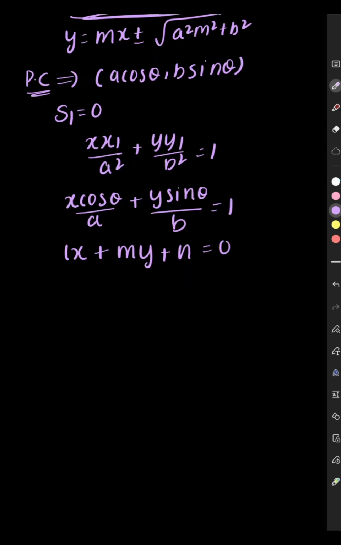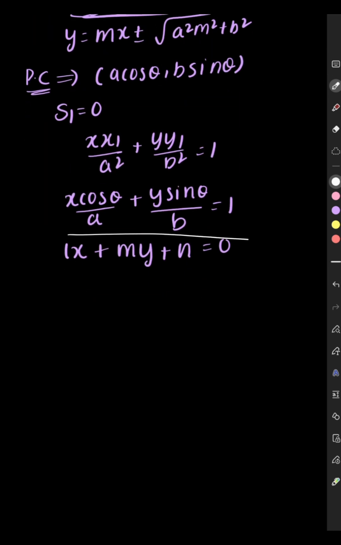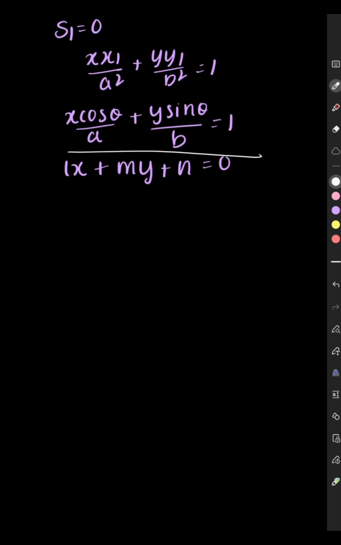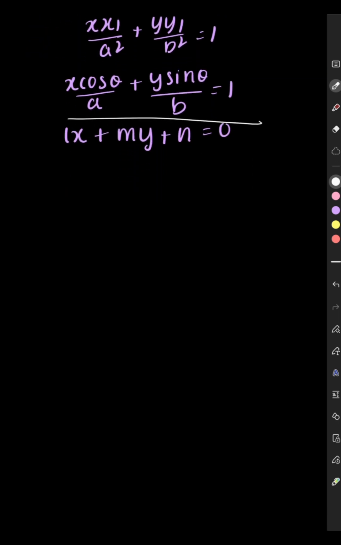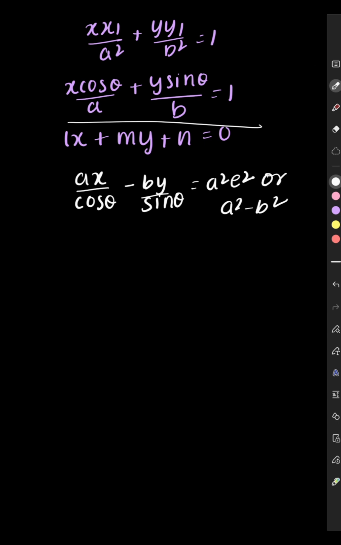basically a condition for tangency, but this in my opinion should be fine. Now to write the normal equation, you've basically got the slope here. Using this and the point being (a cos theta, b sin theta), you can find the normal equation, or if you'd prefer to remember it, the normal equation in terms of theta is ax by cos theta minus by by sin theta equals a square e square, or basically this can be written as a square minus b square.